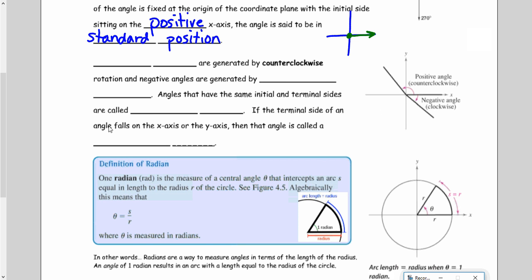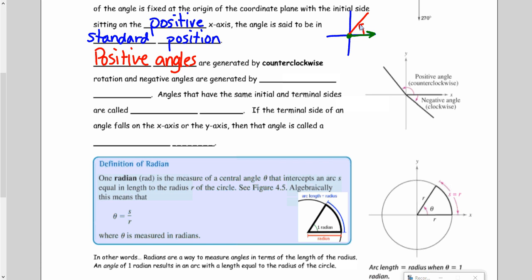Positive angles are generated by counterclockwise rotation. If I want to draw a positive 30-degree angle in standard position, I start with my initial side on the positive x-axis, and then rotate counterclockwise 30 degrees to get to my terminal side.